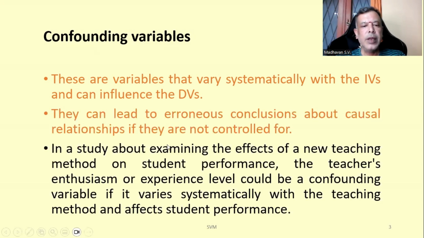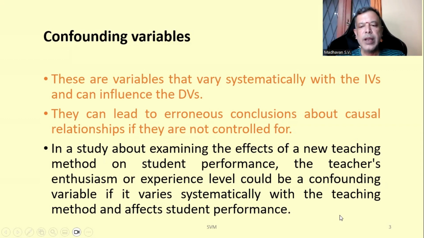An example, in a study examining the effects of a new teaching method on student performance, the teacher's enthusiasm or experience level could be a confounding variable if it varies systematically with the teaching method and affects student performance.